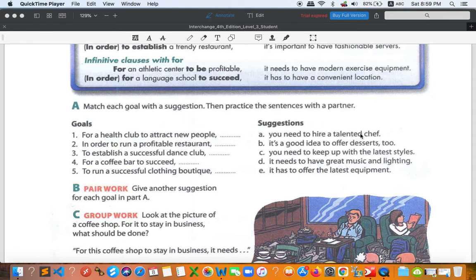Talented means a person who is very good at something. I just want to talk about a talented chef a little bit. It's more likely for the restaurant, right? If you want to run or open a business with a restaurant, then I think you must have a talented chef.